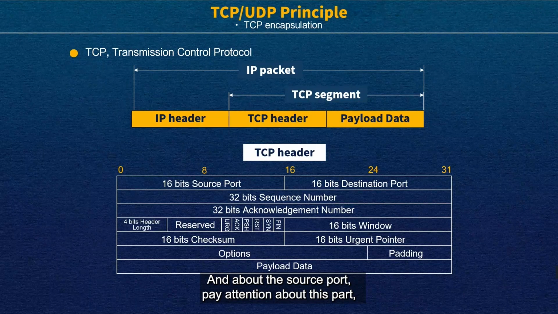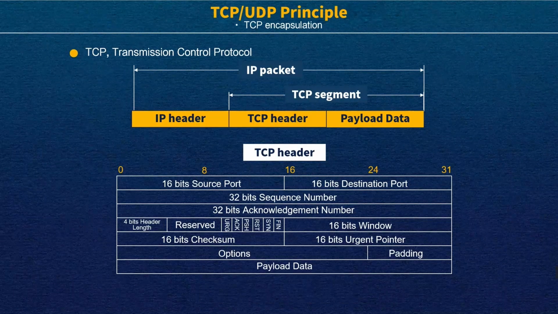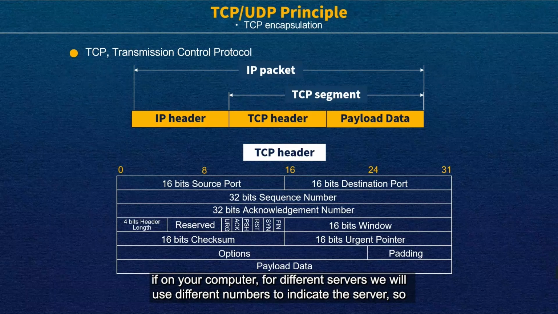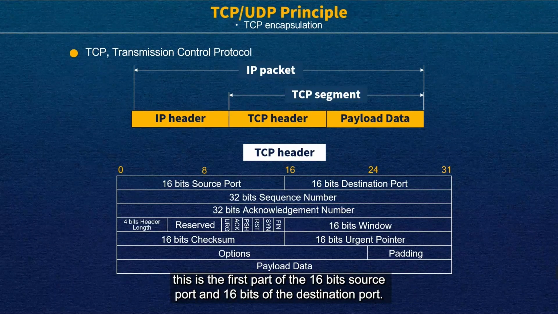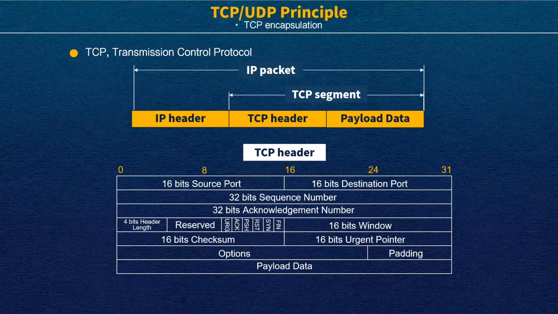And about the source port, pay attention to this part. If on your computer there are different servers, we will use different numbers to indicate the server. So this is the first part: 16 bits of source port and 16 bits of destination port.